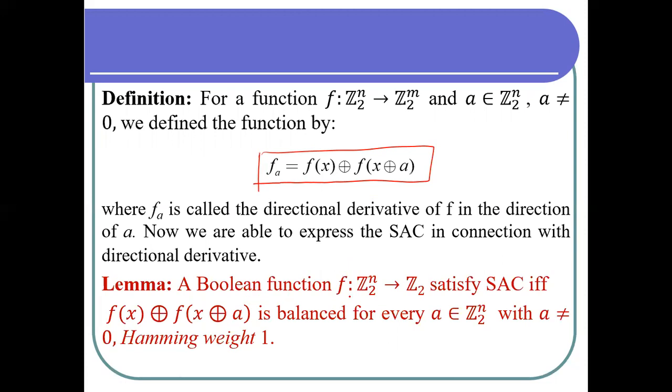A single-valued Boolean function satisfies SAC if f of x XOR f of x XOR a is balanced for every nonzero a belonging to the vector space of Boolean vectors with Hamming weight 1. That is, the minimum Hamming weight of this binary vector is 1. If this is satisfied, we can say these Boolean functions satisfy the SAC criterion.